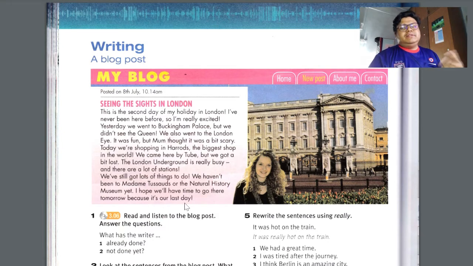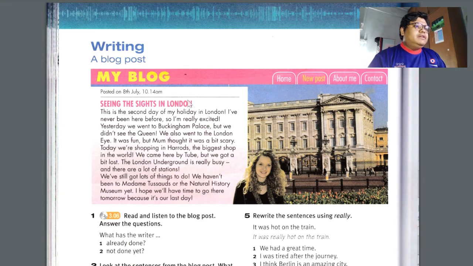As you can see in the text, there are a lot of mentions of places in London. First of all, this writer went to Buckingham Palace. Please note the word yesterday, semalam.